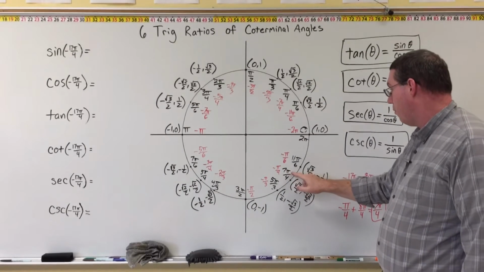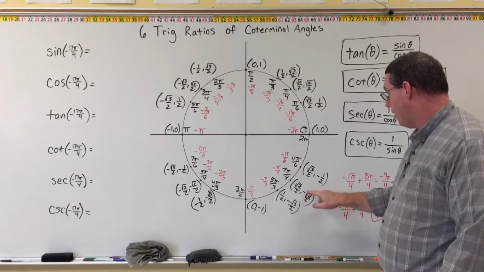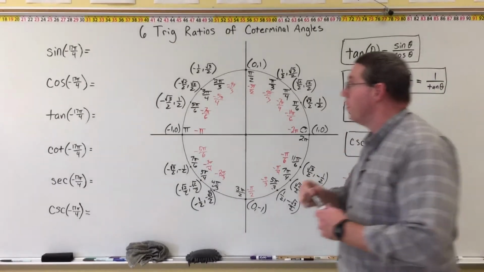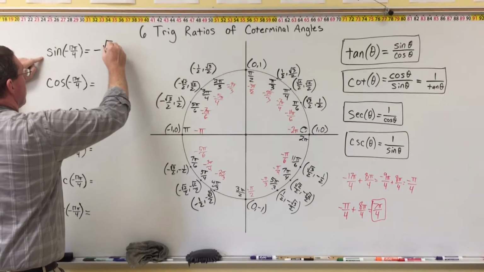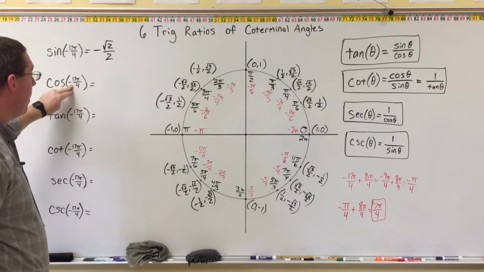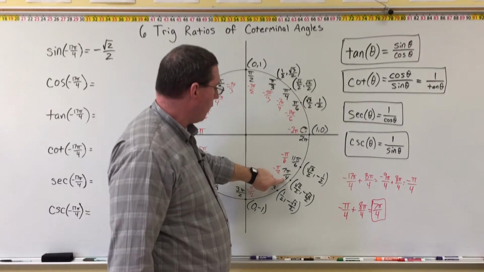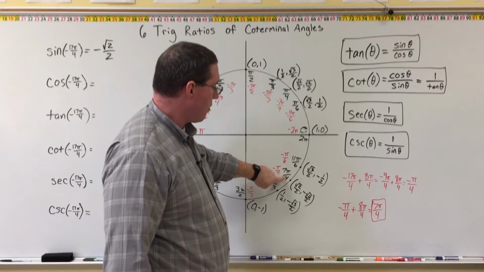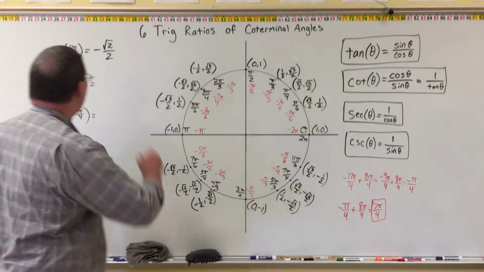Well, here's 7 pi over 4, and sine is the y-coordinate, and that's negative square root of 2 over 2. Therefore, the answer to this one is negative square root of 2 over 2. All right, cosine of negative 17 pi over 4, since this angle is coterminal to 7 pi over 4, we're just going to do cosine of 7 pi over 4, which is the x-coordinate, square root of 2 over 2.